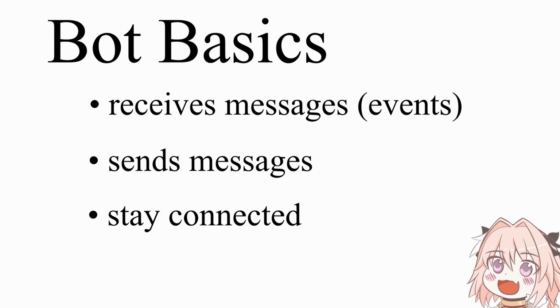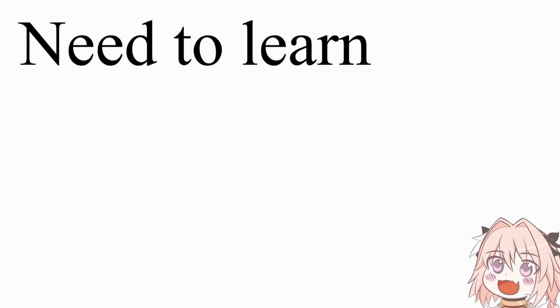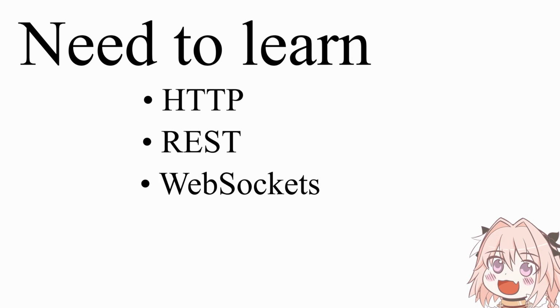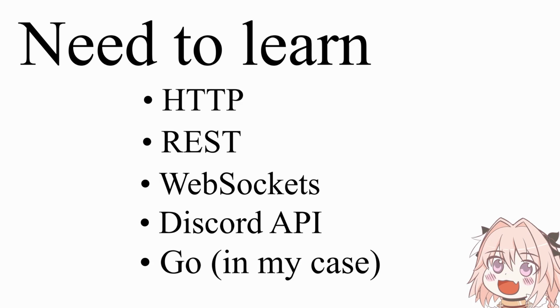Okay, so now that we've found how to solve all of our basic requirements for our bot, let's discuss what we're actually going to have to learn in order to achieve those. We're going to need HTTP, REST APIs, WebSockets. We're going to have to learn the Discord documentation, and we're going to have to learn how to implement that into our programming language of choice.